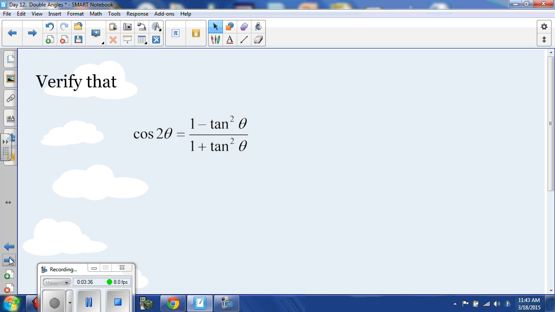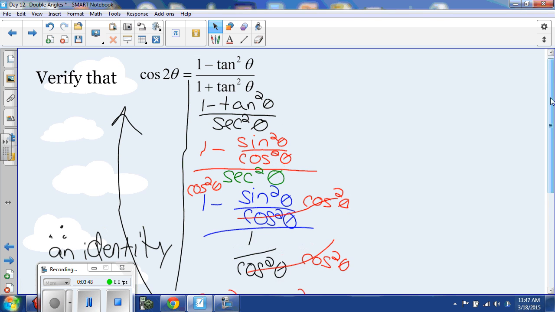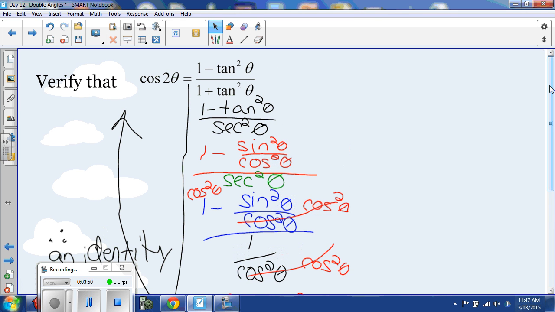Formula sheet. We're going to prove that the cosine of the double angle is equal to 1 minus tan squared over 1 plus tan squared. So let me just recap for our absent students what we did and give Ian the credit that he deserves, because that was just awesome. We realized that our denominator, 1 plus tan squared theta, is equivalent to secant squared theta, so we subbed it in. Then we figured we had to deal with tangent squared as sine squared over cosine squared, so we subbed that in.